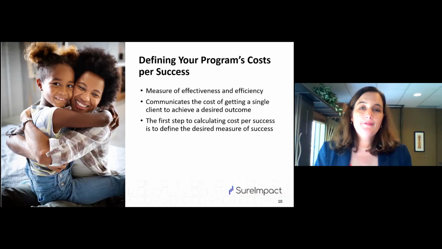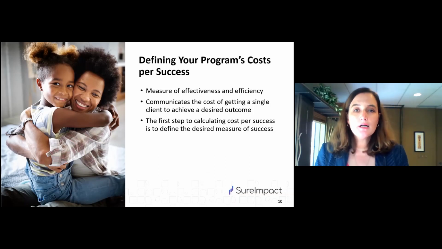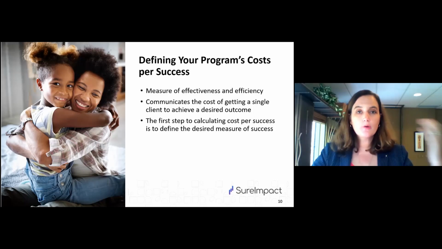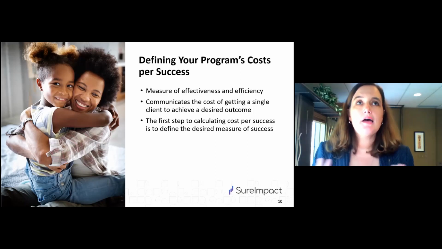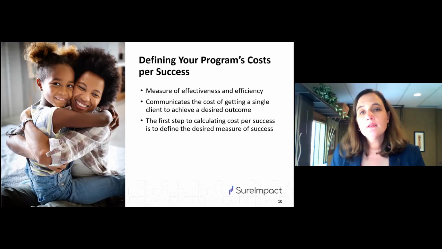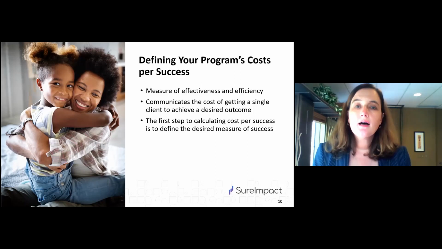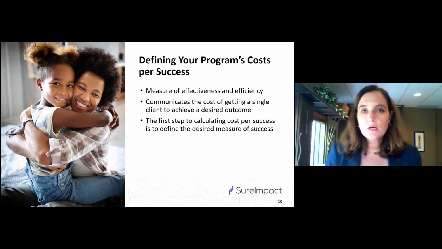So this is a very, very easy calculation. You just take how much it costs to run your programs, and we say add everything. I know different grants have different formulas, but in this case, add in your administrative costs, because you cannot do this work without some of that administrative structure.